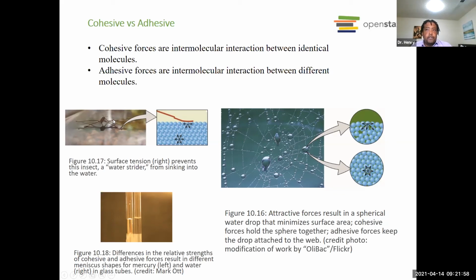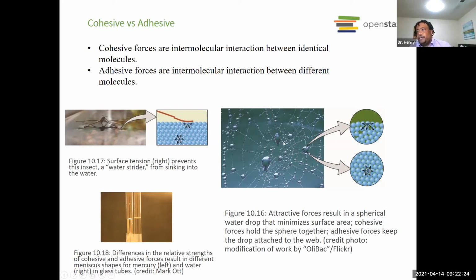We have the bug's leg, so it's going to have adhesive forces acting at this point, and then we have cohesive forces acting underneath in terms of the water. So that surface tension is going to be primarily that adhesive force, because it's the bug on the water. Does that make sense?